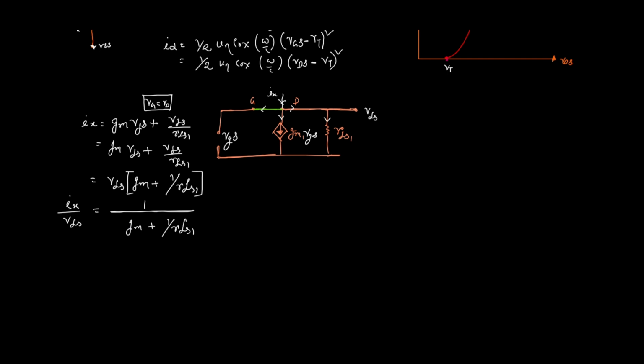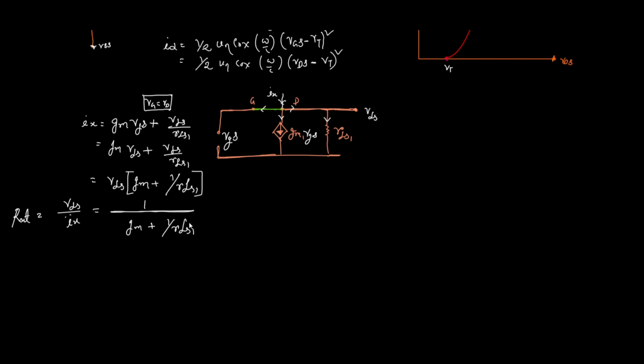Sorry, not Ix by VDS. This thing is VDS by Ix, right? So any V by I is nothing but Rout.